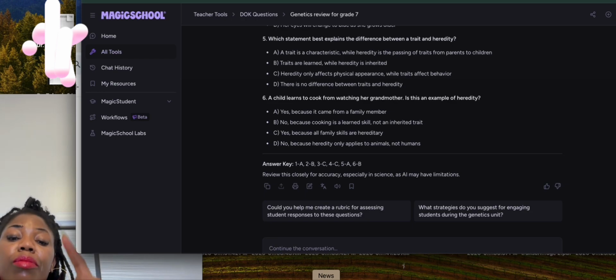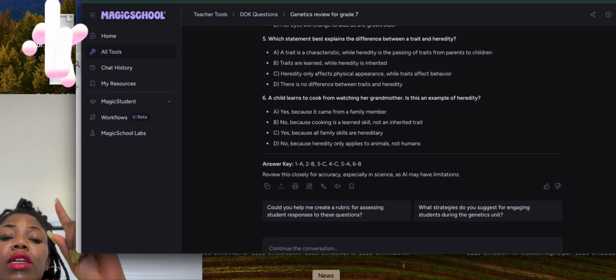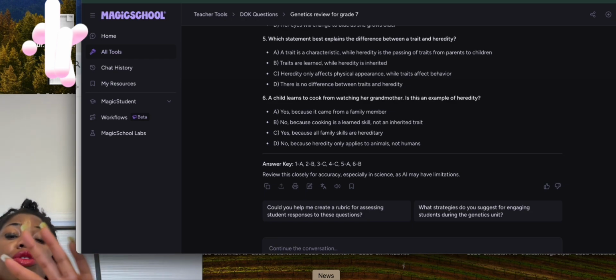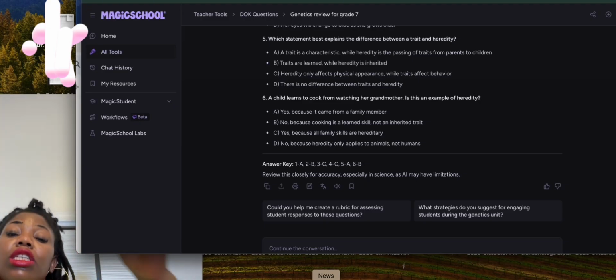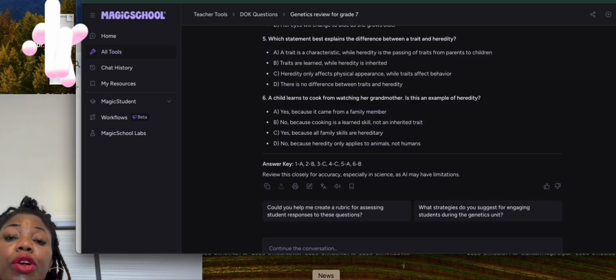Right here, remember, you can translate the questions to whatever language your students would actually flow with. You can translate to Spanish, to French, to German, whatever language. And also, if you want to share it, you can click the share button in the top right hand corner, share with your friends or with yourself, right?